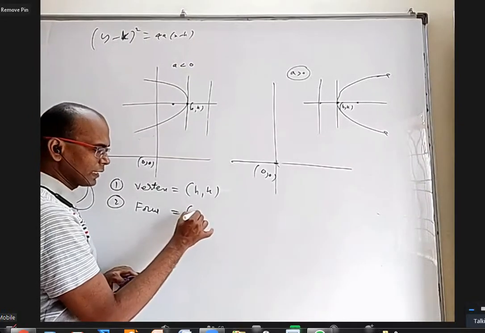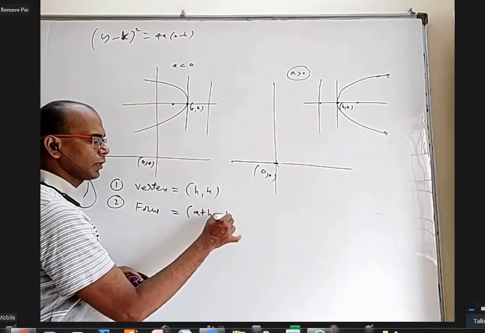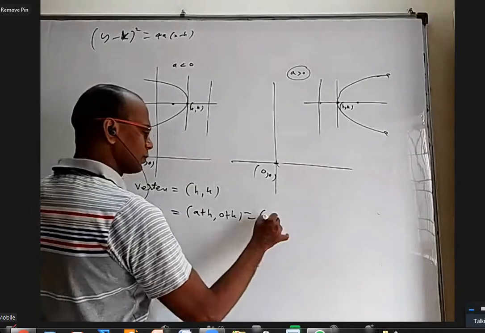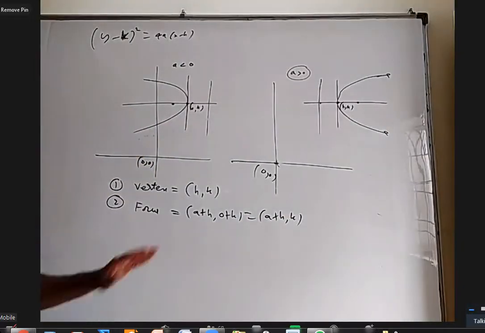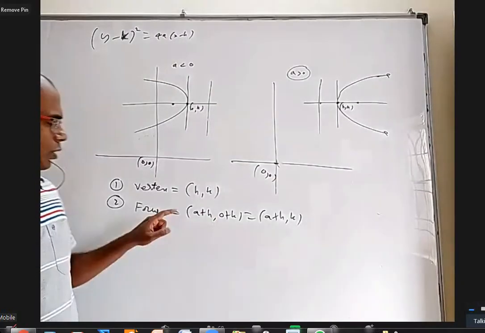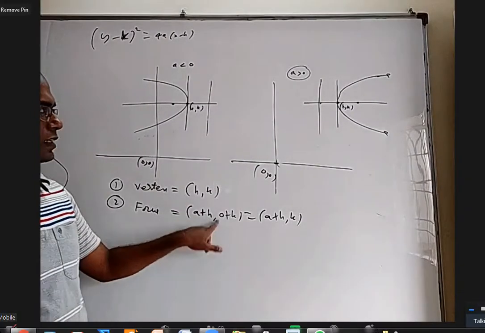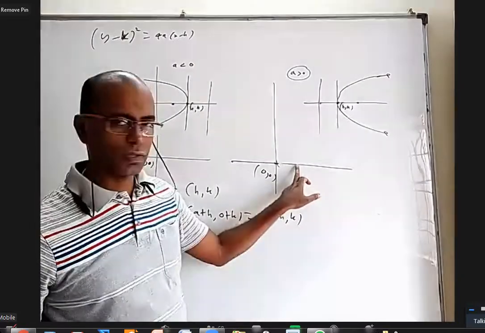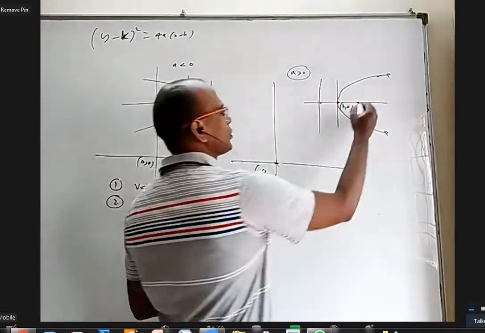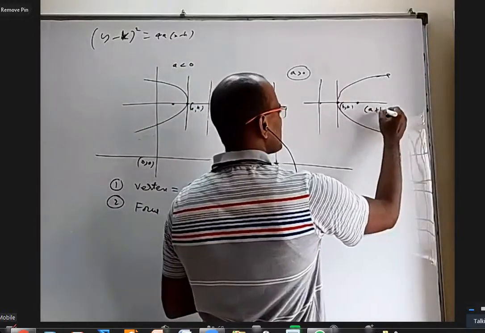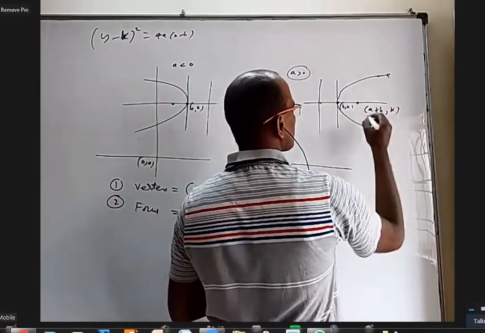So it will be a plus h comma 0 plus k. You can simply write a plus h comma k. The reason I am writing this is just to show that earlier it is a comma 0. Now we have to increase the x coordinate by h and increase the y coordinate by k. So earlier a comma 0 is here. Now we have to go h forward and k upward. So this focus will be a plus h comma k.